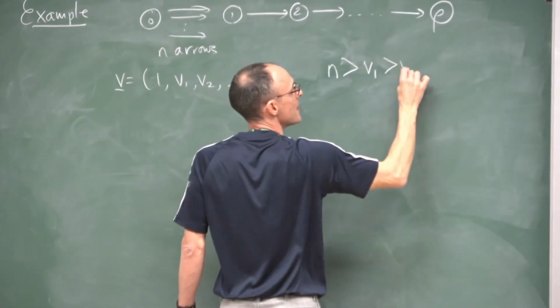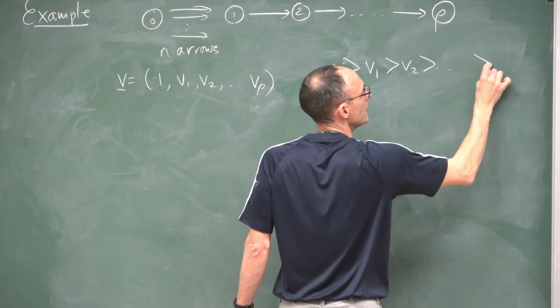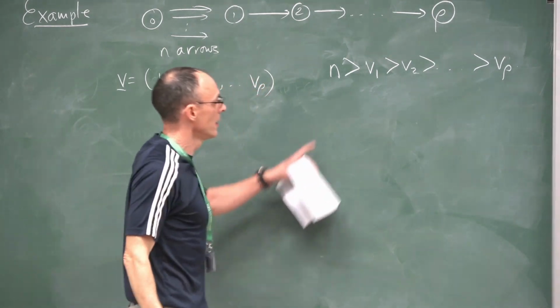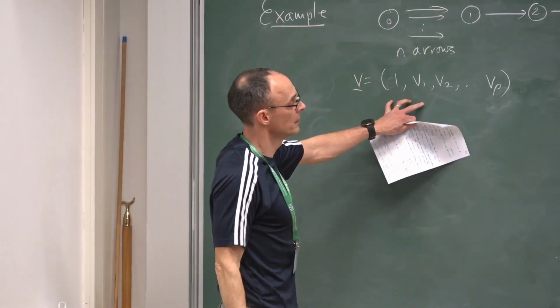I now insist this is greater than v2 and so on. So that's the requirement I'm putting on this dimension vector.